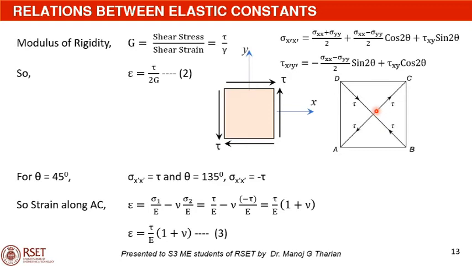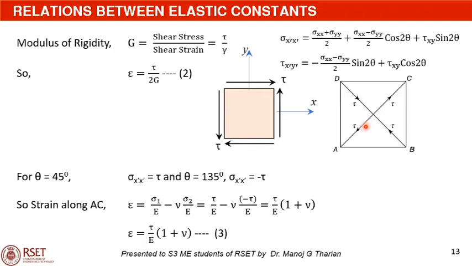Now, as a result of this pure shear state, the normal stress along AC, that is the stress on a plane which makes an angle of 45 degrees with the positive x-axis, can be obtained using this expression by putting theta equal to 45 degrees, sigma xx equal to sigma yy equal to 0, and tau xy equal to tau. We will see that the normal stress along the direction AC is equal to tau.